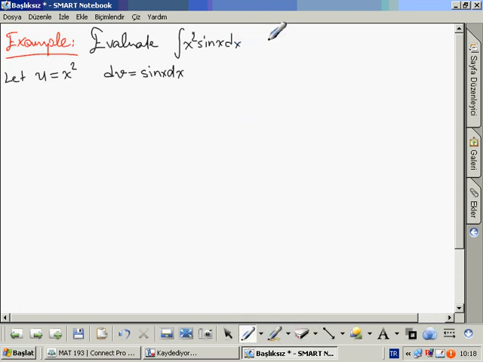How can we decide to get the u values? I will give you a small formula. That means logarithmic, arc trigonometric, polynomial, trigonometric, and power or exponential.